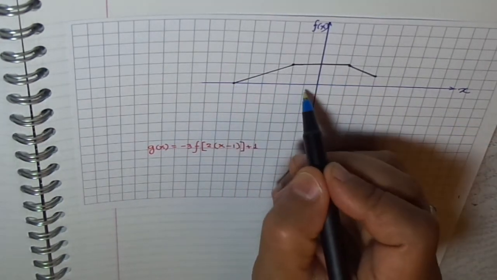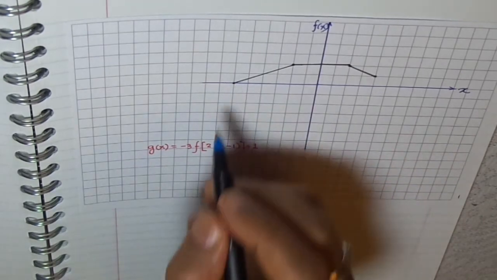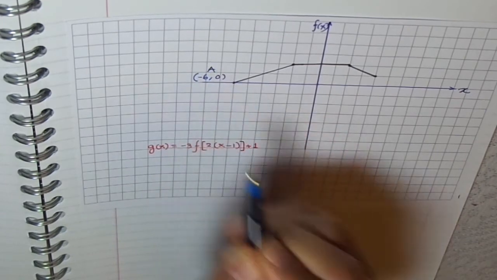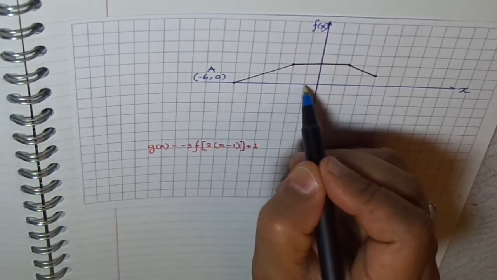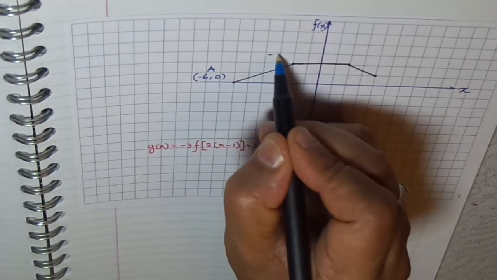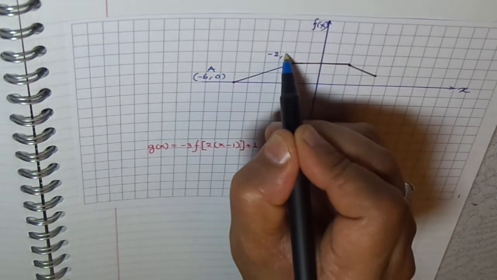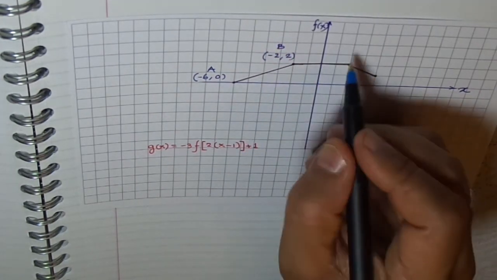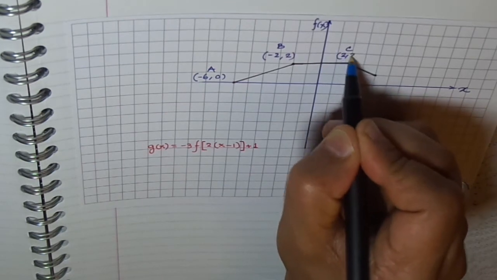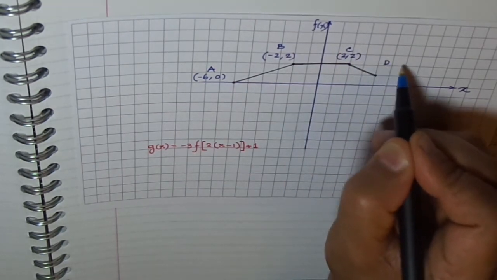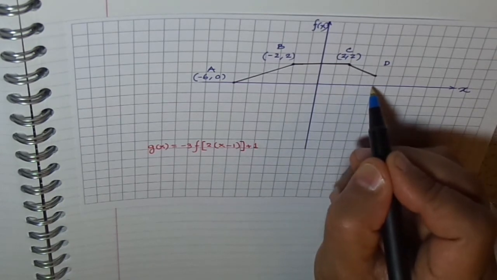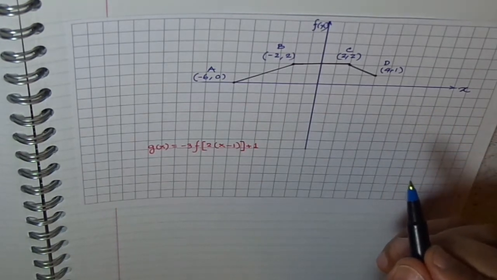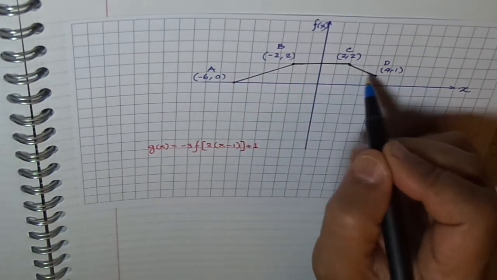This point is 1, 2, 3, 4, 5, 6, so this is minus 6, 0. Let's call it A. And this point is minus 2, and y value is 2. Let's call it B. And this point is 2, 2. Let's call it C. And this point, let's call it D, is 1, 2, 3, 4, 1. Okay. So these are our coordinate points for the line segments.